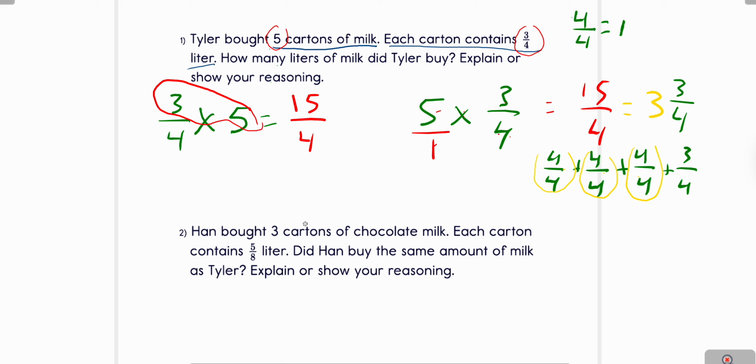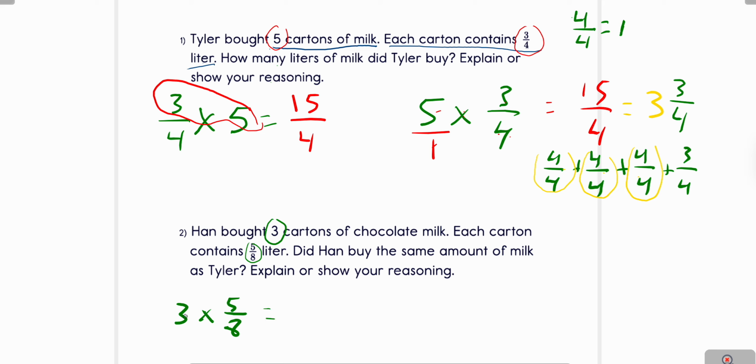Okay, so Han bought 3 cartons of chocolate milk, and each carton contains 5/8 liter. So that's 3 cartons times 5/8, or we can say more appropriately 5/8 3 times.